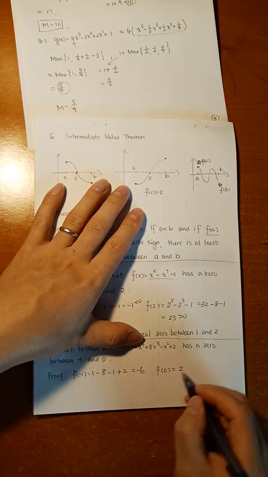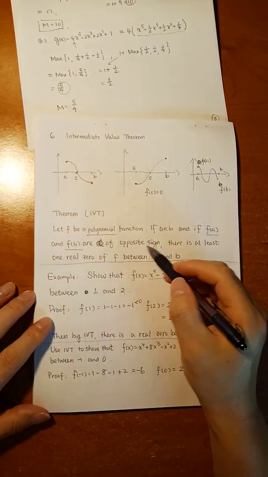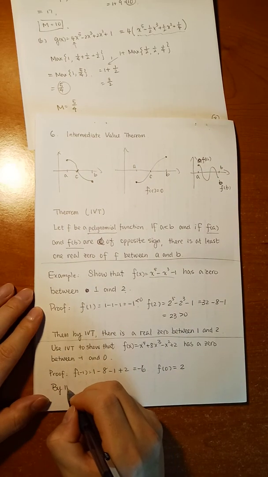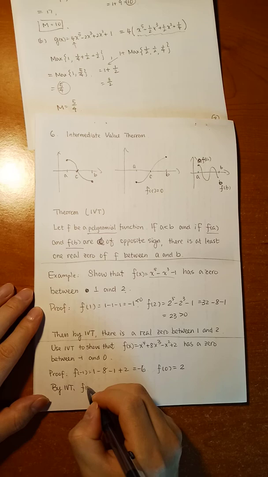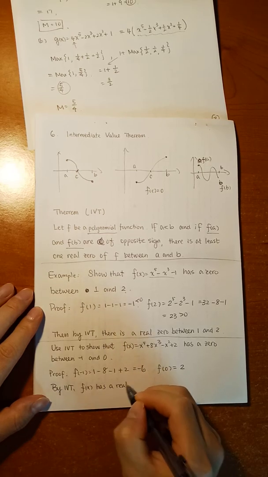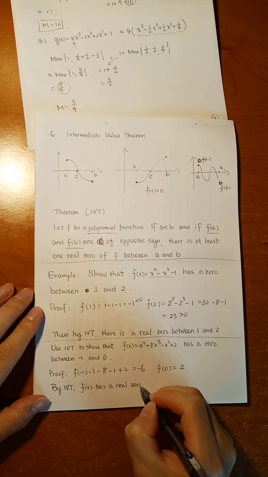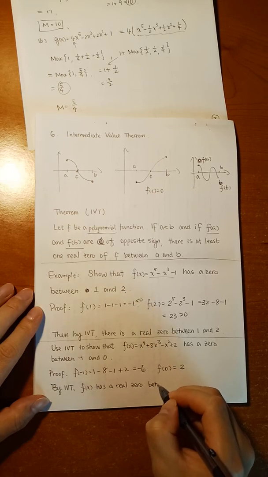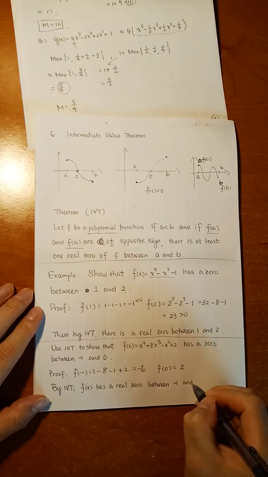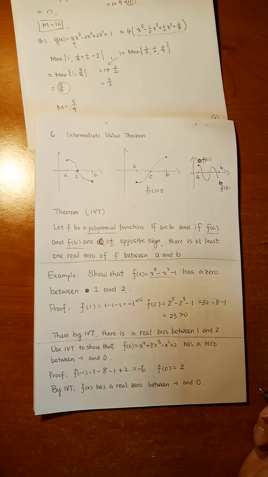So you see here you have a negative sign and a positive sign. They are of opposite signs. Then by IVT, f(x) has a real zero between -1 and 0. Okay, so that's it. That is IVT.